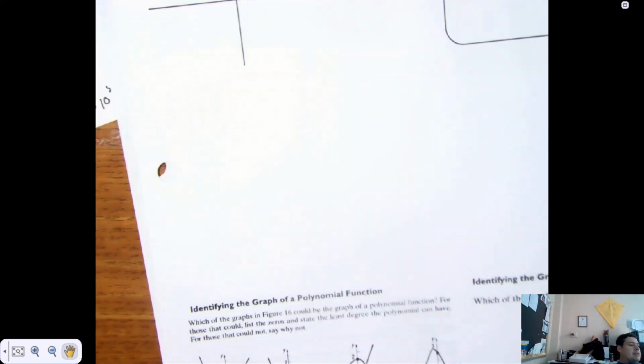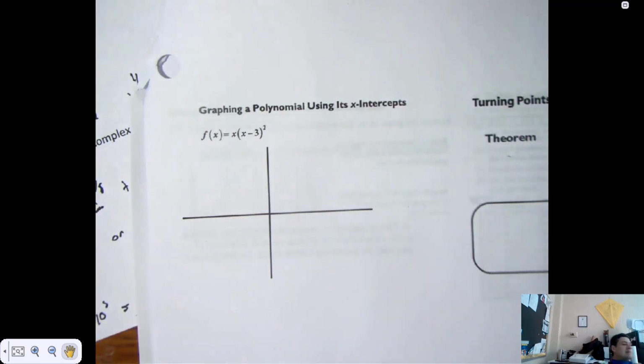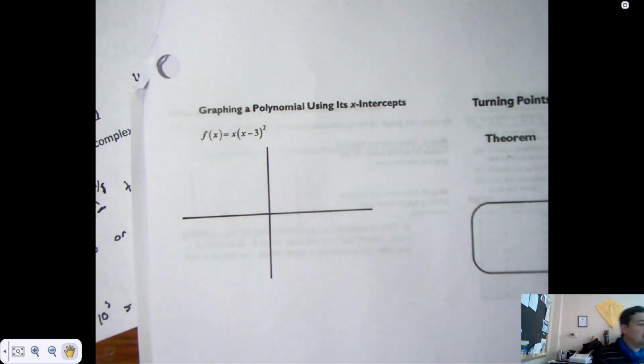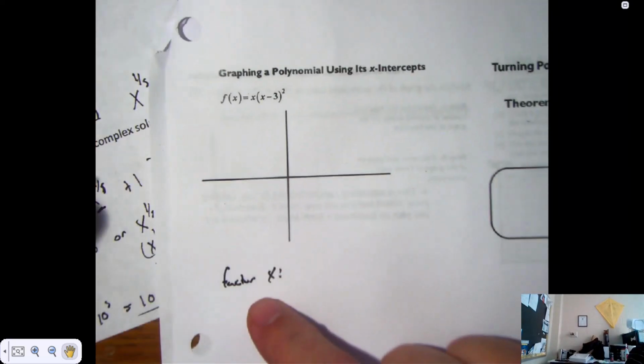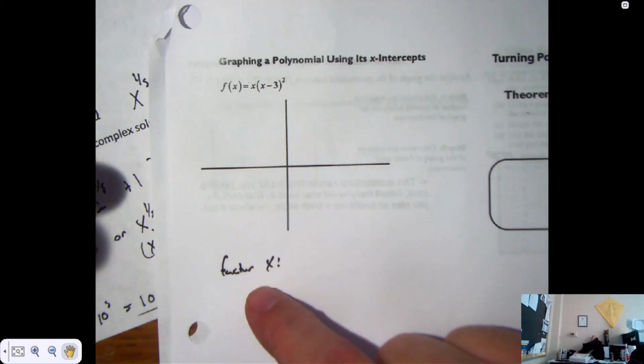What else we got left? Graphing using intercepts. So we're supposed to graph this little thing, x times x minus 3 squared. All right, so we have this factor, x. What's at 0? If that's the factor, what's the 0?